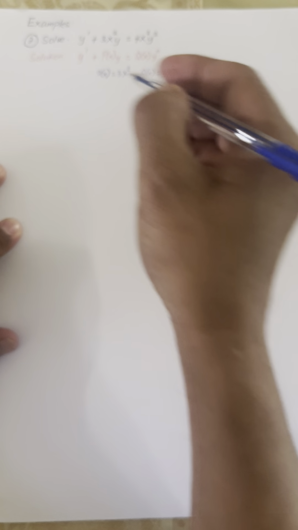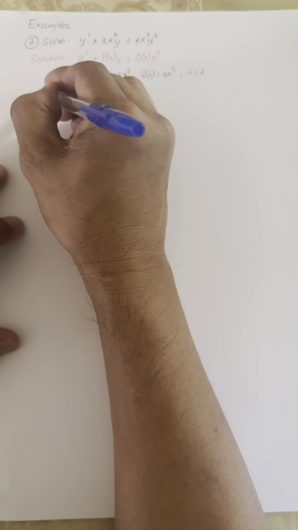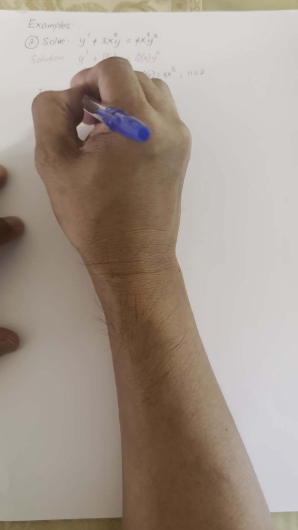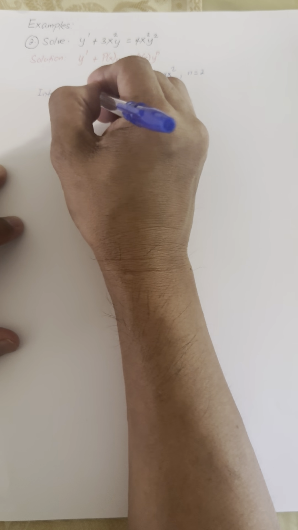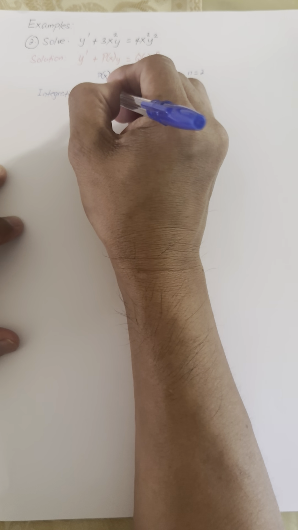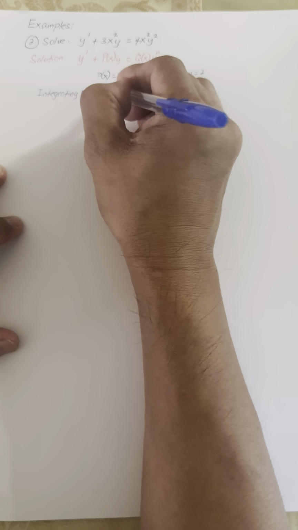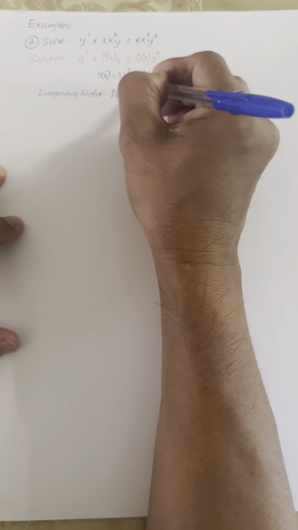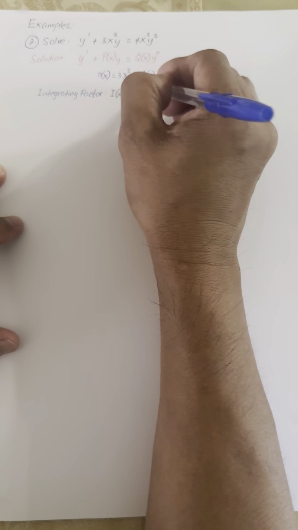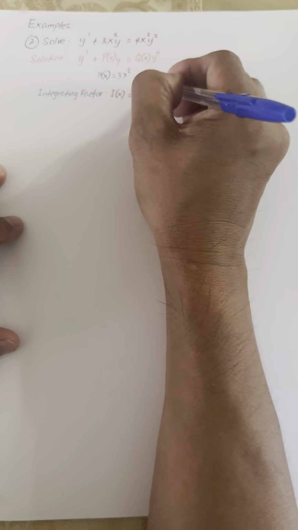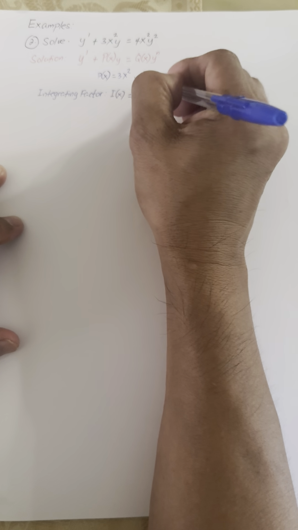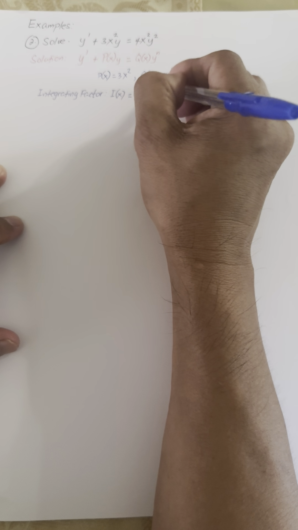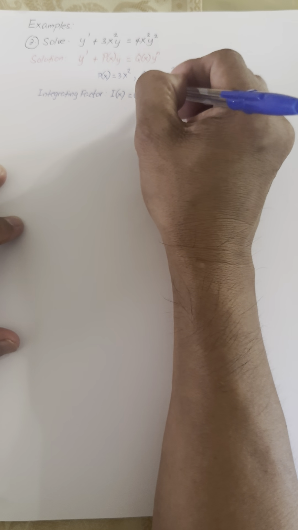So after that, we have to solve for our integrating factor. The integrating factor formula is given by I of x equal to e to the integral of the quantity 1 minus n multiplied by p of x, then multiplied by dx.